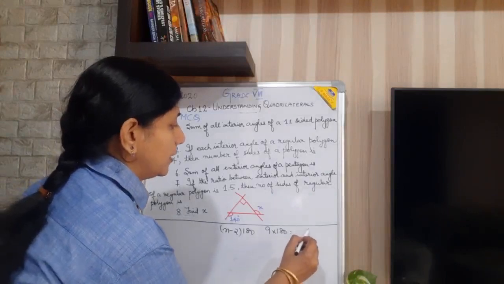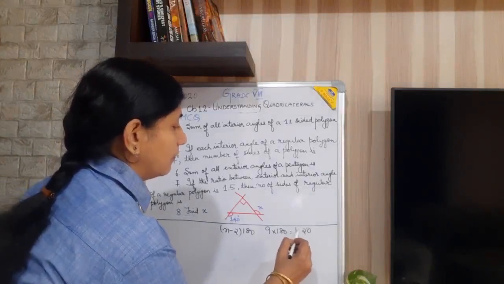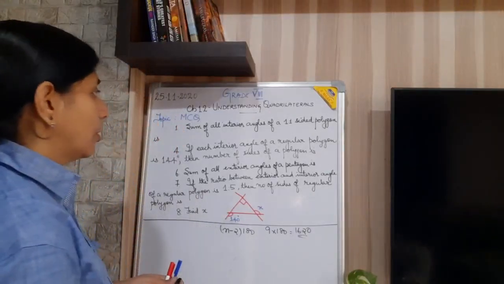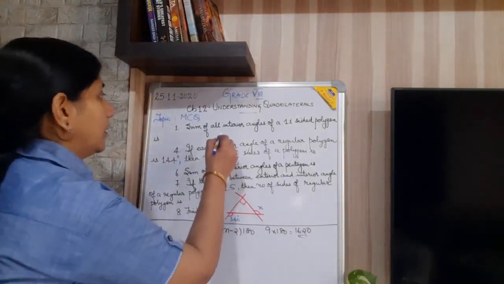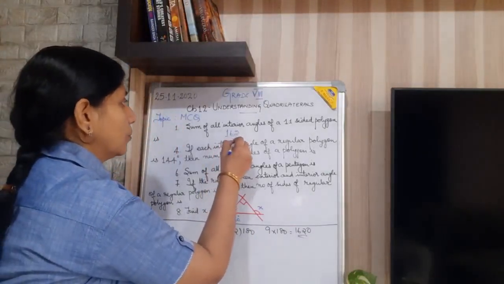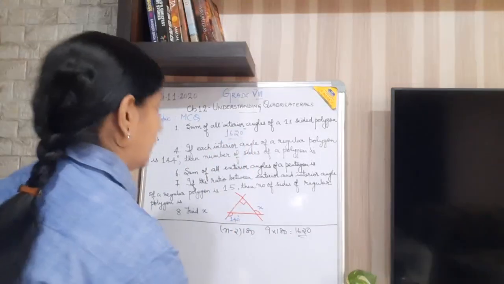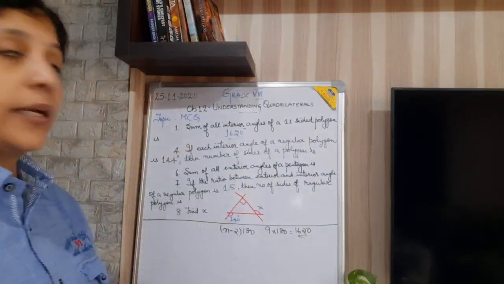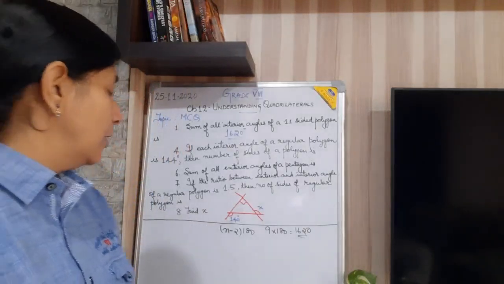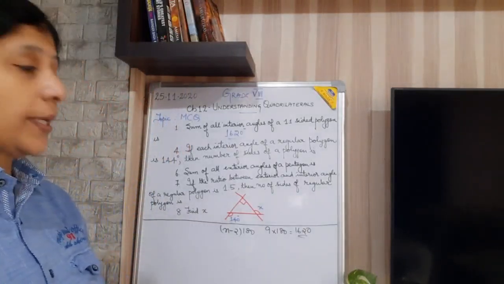9 into 180 is 1620. So you got the answer: the sum of all interior angles is 1620 degree. Okay. Now next one. If each exterior angle of a regular polygon is 144, then find the number of sides.